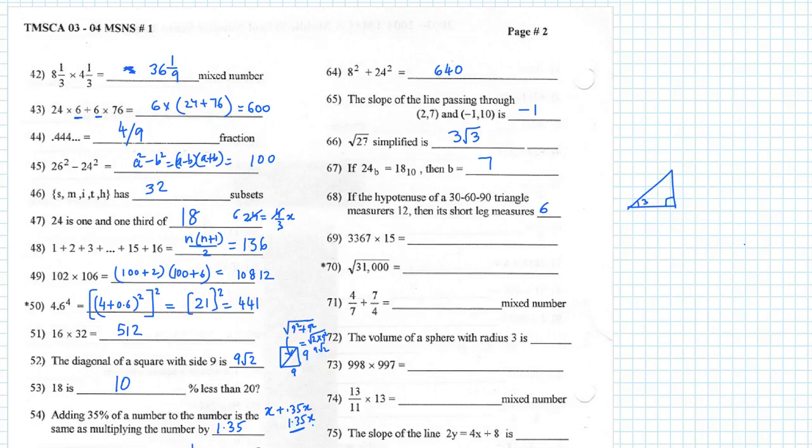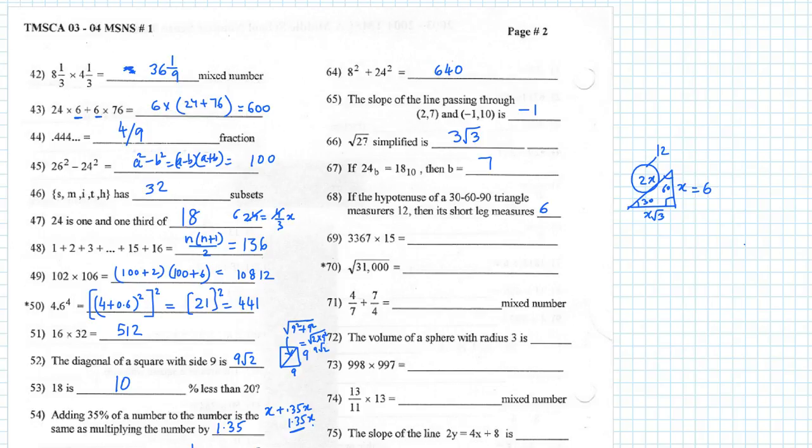If this is 30 and this is 60, if the length of the side opposite to 30 degrees is x, then the length of the hypotenuse is going to be 2x, and then the length of the side opposite to 60 degrees is x times square root 3. So what's given to you over here is that this is equal to 12. So the shortest side is going to be half of that, so that's why that's equal to 6.